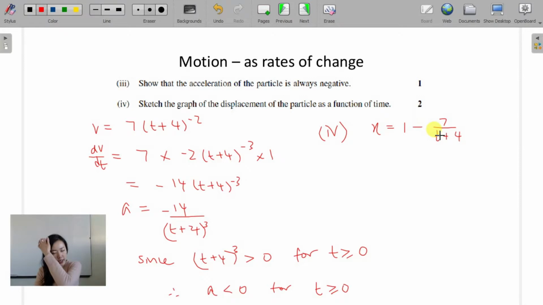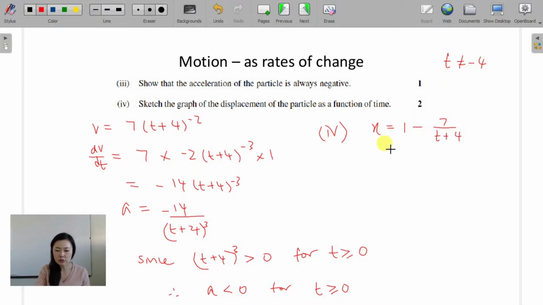Now this is a hyperbola, so I might take this opportunity to review hyperbola with you. So first thing is t cannot equal -4, because it will make the denominator go to 0.